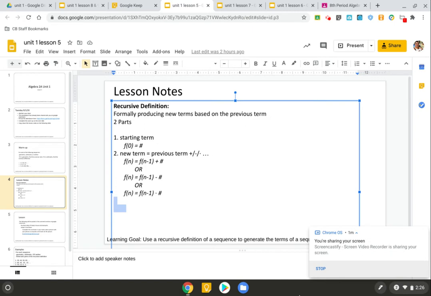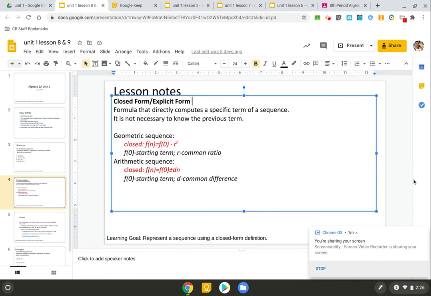It would be nice if I could just plug into a formula and figure out the 100th term, or the 500th term, without having to figure out each term previous to it. That's the one disadvantage of the recursive form.